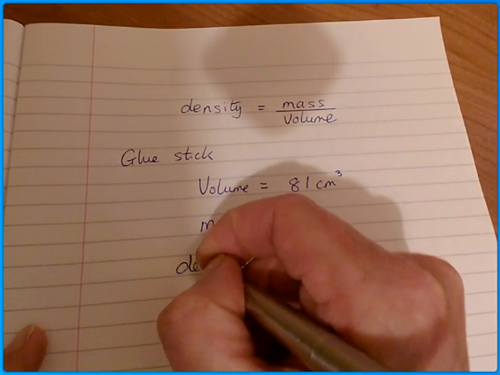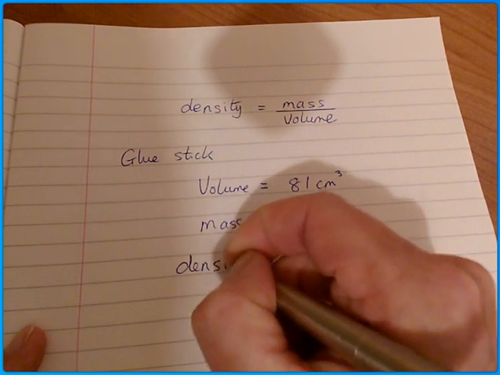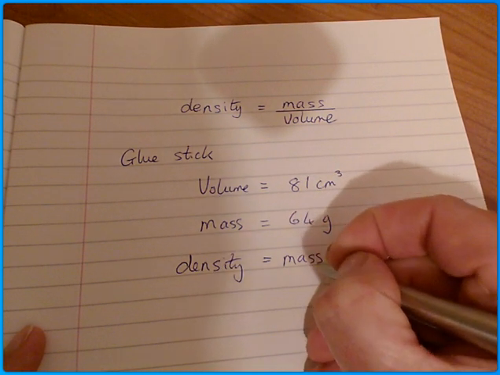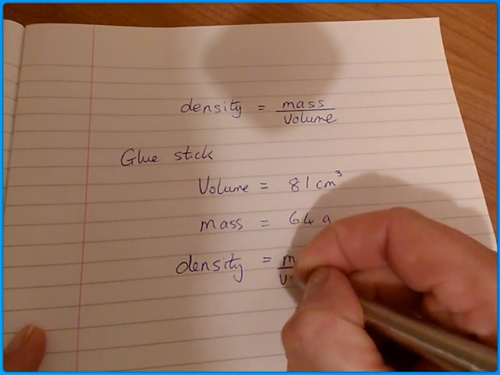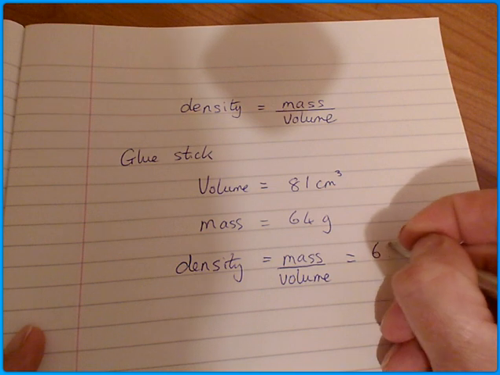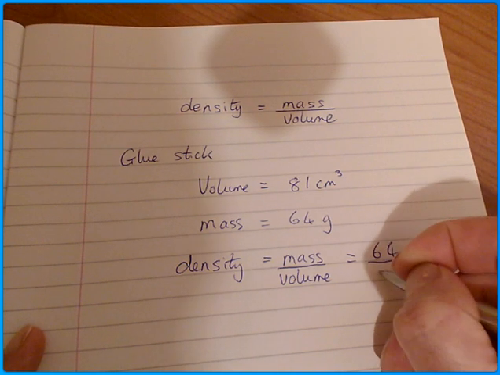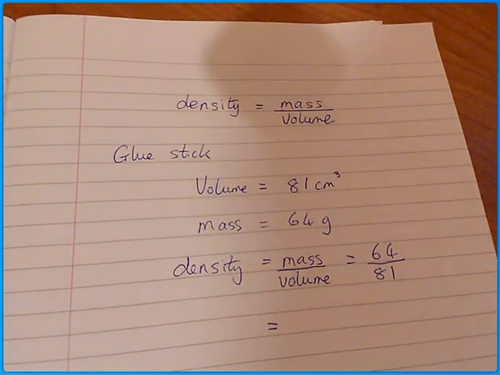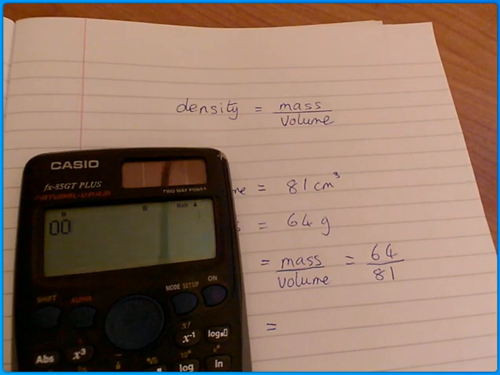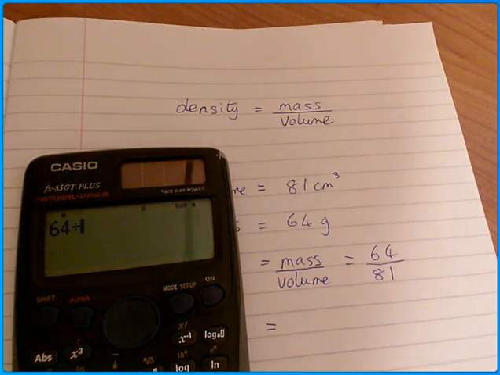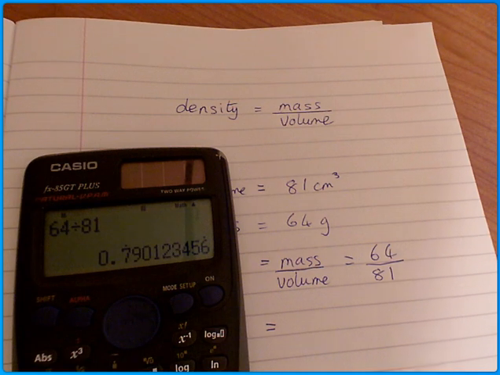So the density of our glue stick is going to be mass divided by volume. 64 divided by 81, and if we work that out, 64 divided by 81, we'll express that as a decimal.